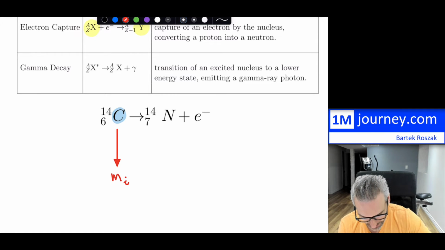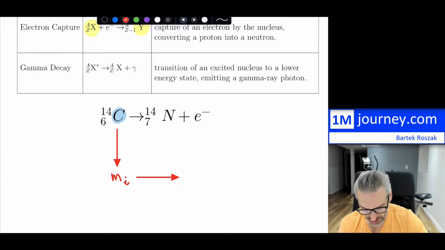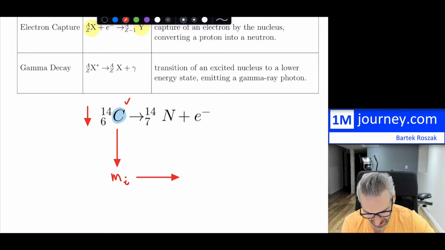And as you can see, this thing is continuously changing. So that means that the actual amount of carbon in mass keeps on decreasing. So this side keeps decreasing in mass, in terms of the amount of carbon that you have. And what is increasing in mass is the nitrogen.